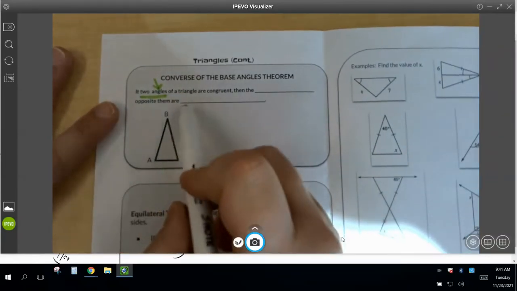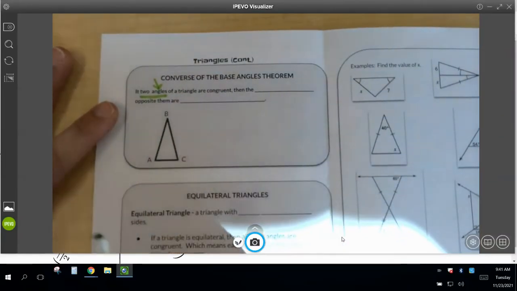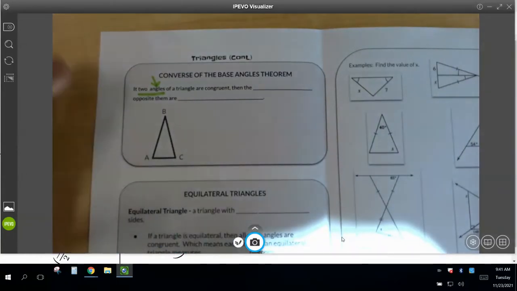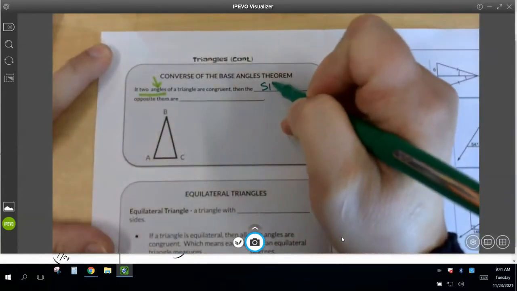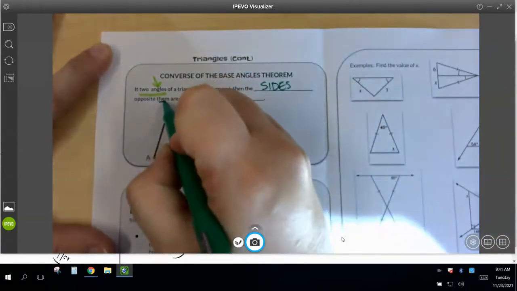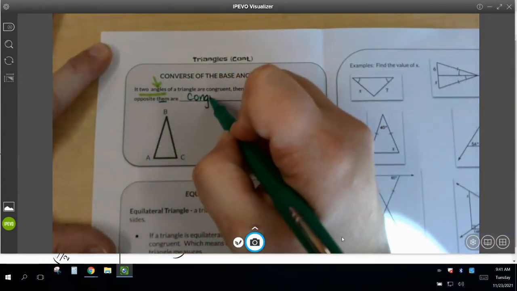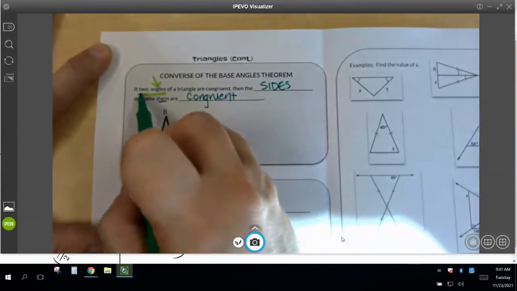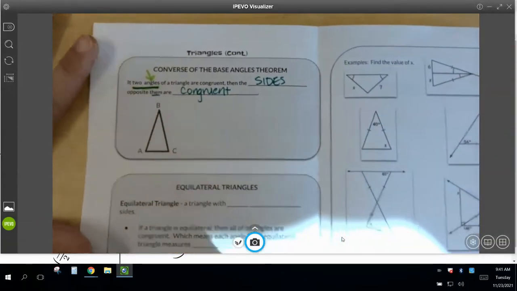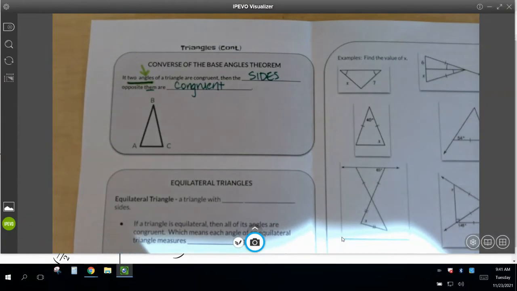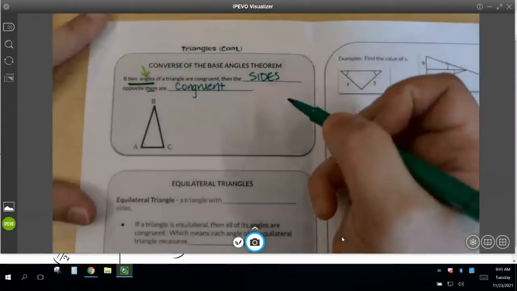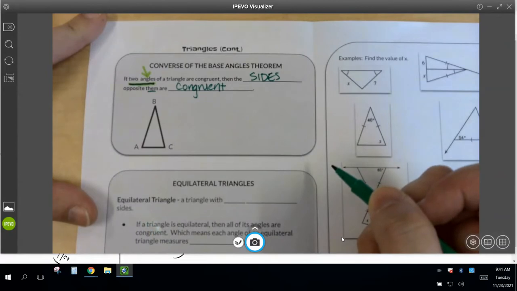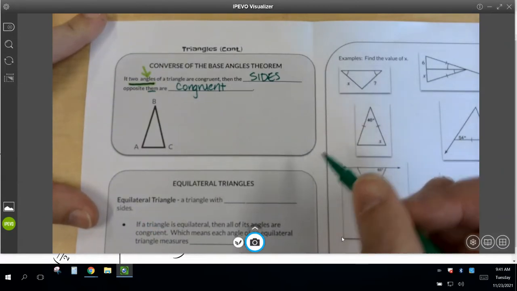If two angles of a triangle are congruent, then the sides opposite them are going to be congruent. Essentially, you can tell if you have an isosceles triangle if they tell you you have two congruent angles or two congruent sides. Either way, then you'll know that the triangle is isosceles.